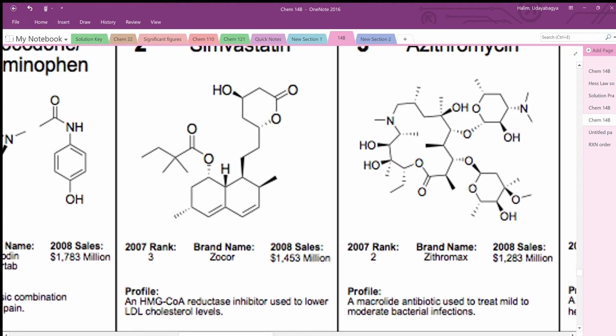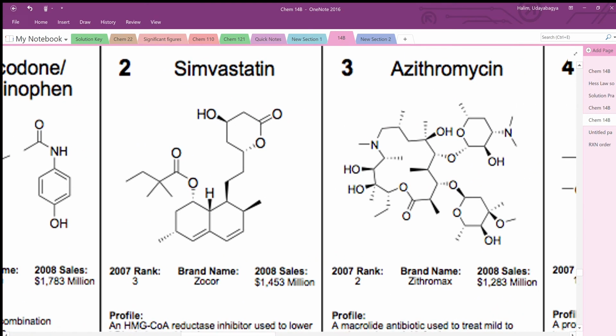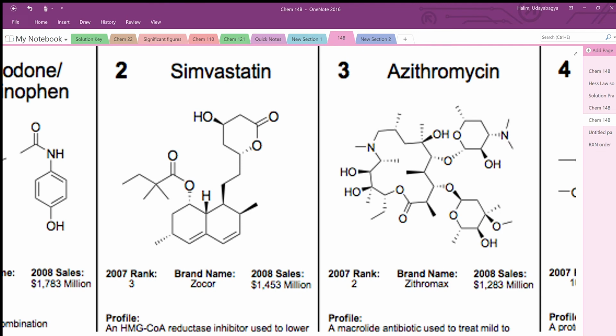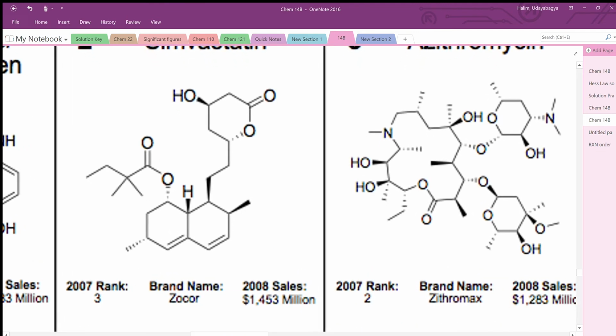So we're going to go first with functional groups and see whether you guys could remember from last time. These are just some of the more common drugs, and I want you to give me the name of the functional group.